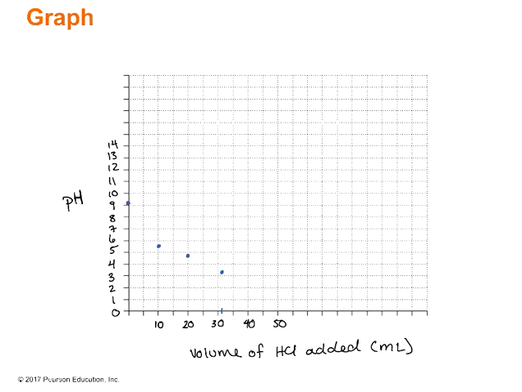And then at the half equivalence point, we said that we had added 15.6 milliliters. So we're going to jump back a little bit to 15.6, which is about there. And the pH at that point was equal to the pKa, which was 5.23.